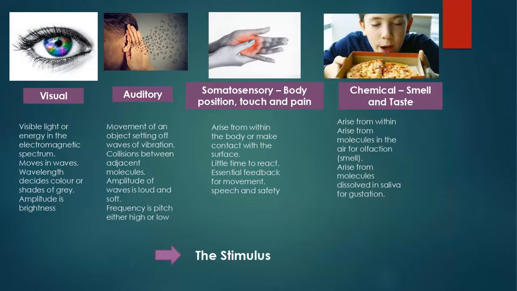The stimulus for smell is molecules in the air, and the stimulus for taste is molecules dissolved in saliva, which then go through the process of gustation. So for each of those senses, it clearly outlines what the stimuli are that trigger those senses into the perception process. I hope that's clear.